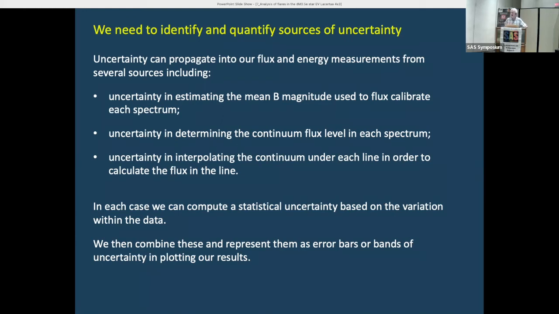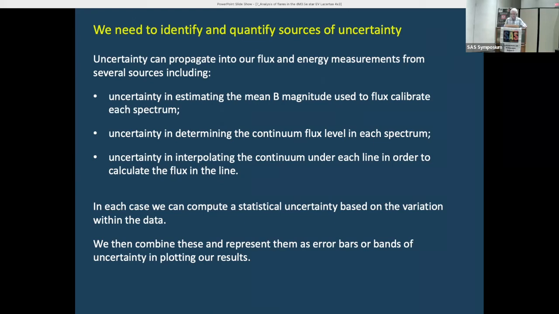We have to work that out, because we have a series of short duration B magnitude measurements. We have to turn those into fluxes, integrate them together, and turn them back into a magnitude to get an equivalent magnitude for flux calibrating that spectrum. And there's an uncertainty that propagates through that process.